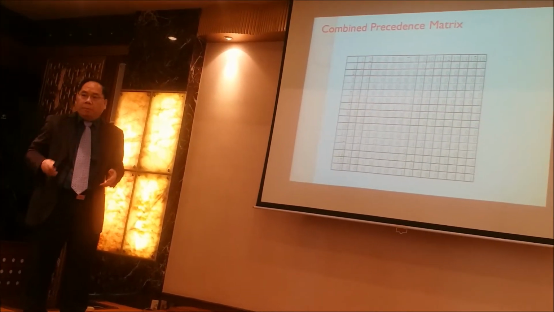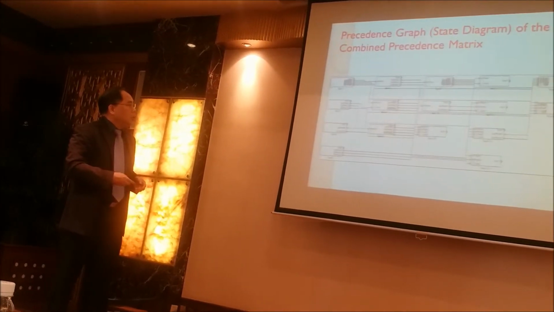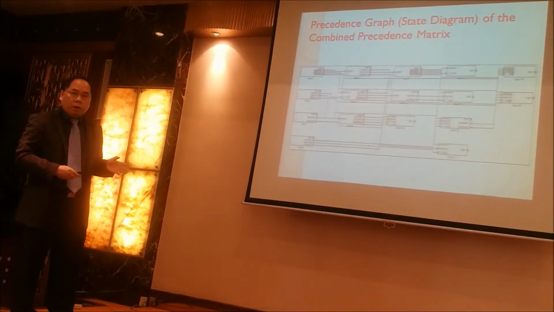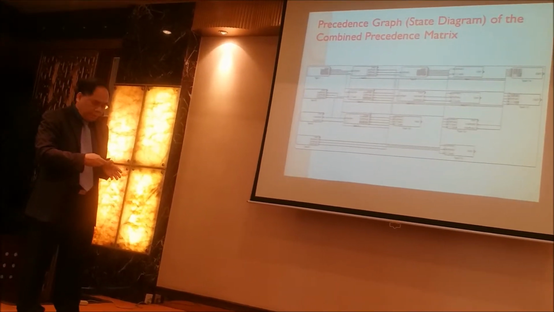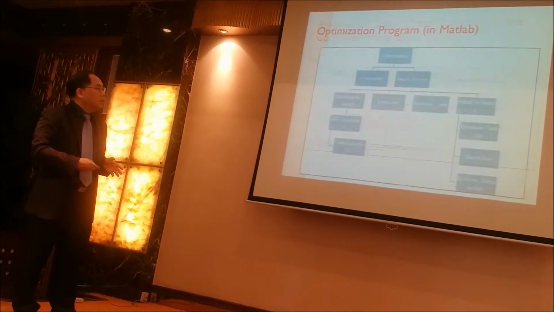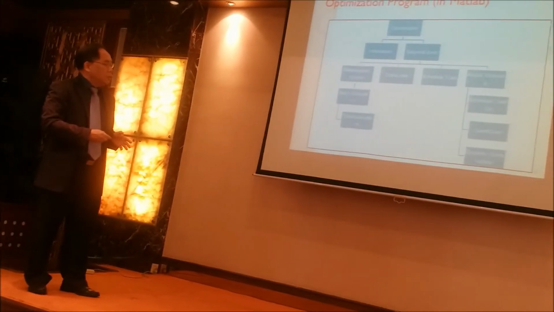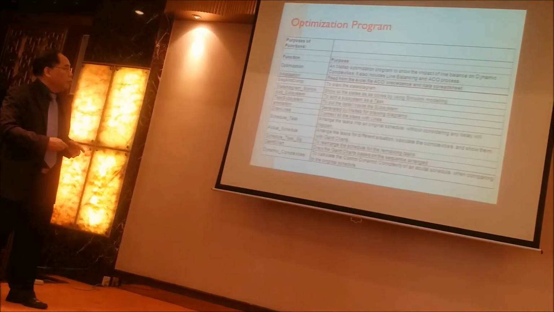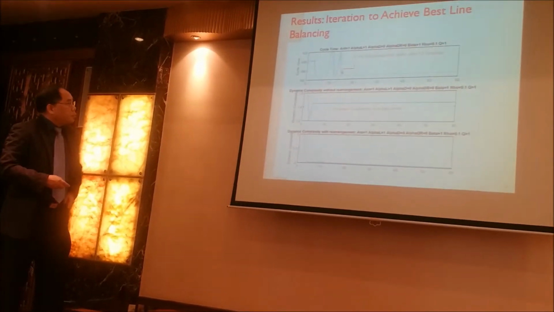Add them together, become one matrix. So this is the state diagram based on the combined matrix. So this is a program. The purpose of the program, of the method.